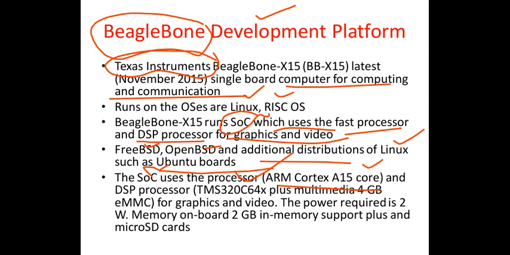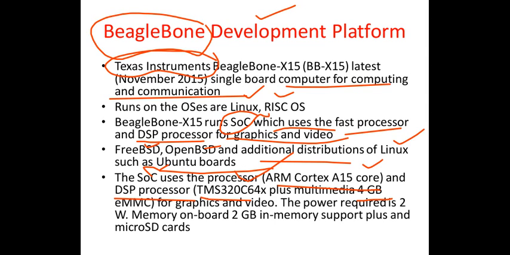And you have the Texas Instruments DSP processor TMS320C64x+ multimedia, 4GB eMMC for graphics and video, and very much like the Raspberry Pi, even your BeagleBone supports a vast range of graphics, right?